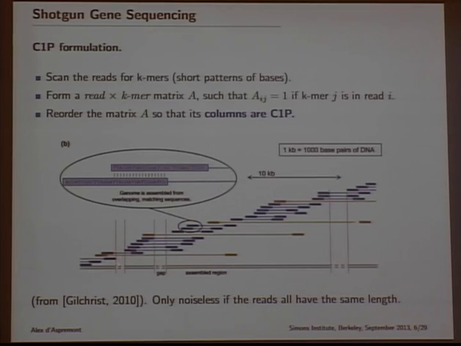Well, if you get the sequences in the correct order and you assume that the length of the reads doesn't vary too much, and you identify in the reads small subsequences called k-mers and plot everything in terms of these k-mer positions, if you get the correct order, then the columns of the reordered k-mer versus read matrix will have the consecutive ones property, okay? So basically, reordering the reads from a shotgun gene sequencing data set amounts to solving a C1P problem, okay?